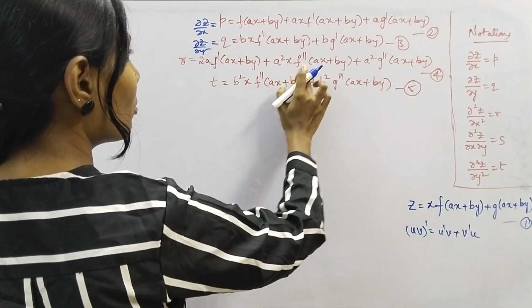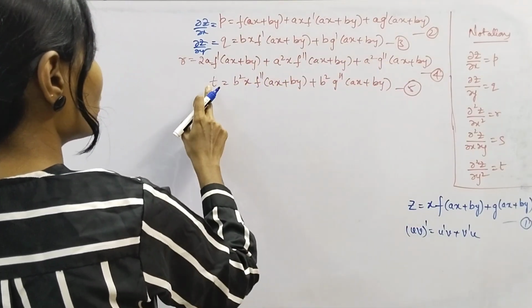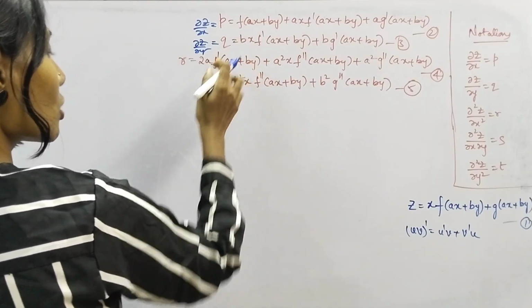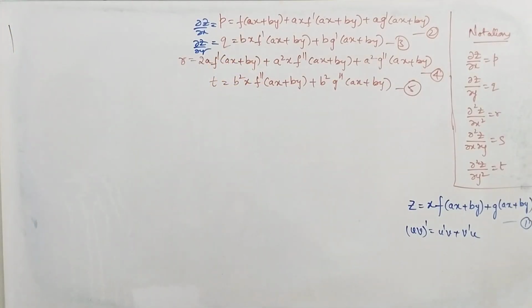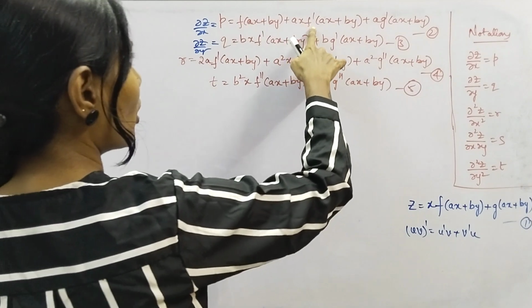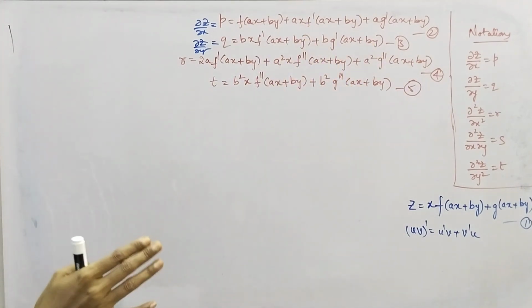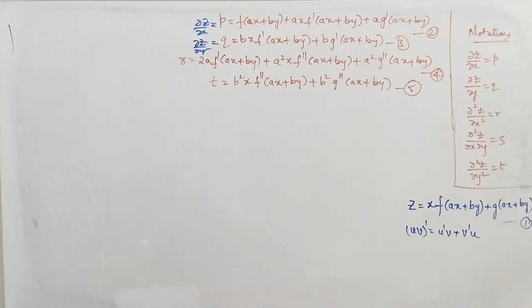So this x f double dash plus g double dash can be replaced by t by b square using 5. But what about f dash? We don't have the value for f dash here because in this equation you have f dash, g dash. So it's hard to find the value of f dash, right?